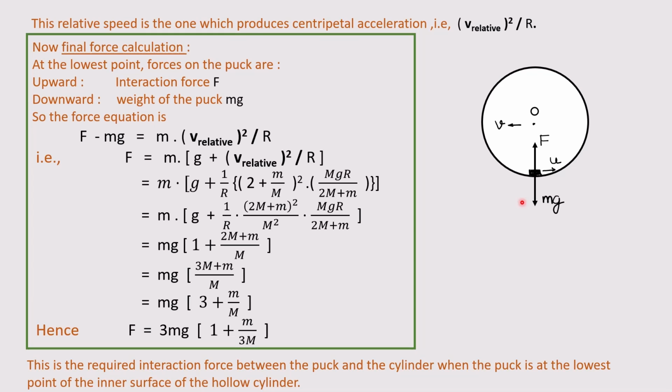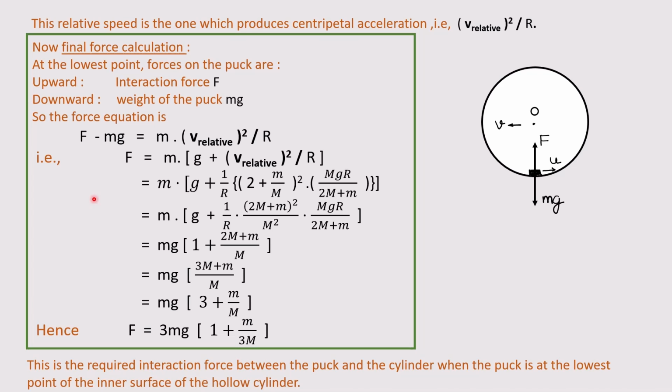So at this moment the force equation would be F minus mg is equal to m into v relative square upon r, that is F is equal to m into square of the relative velocity upon r plus mg.